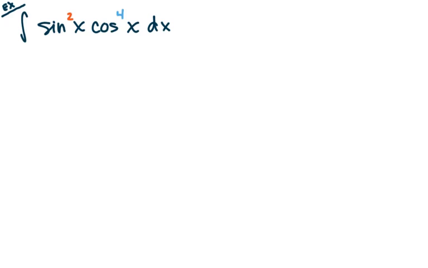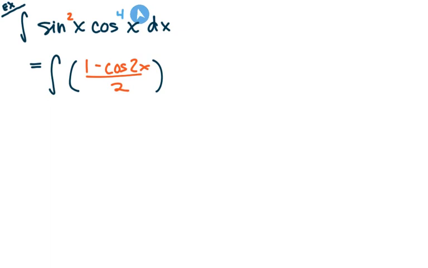Sine squared x is 1 minus the cosine of 2x over 2. And cosine to the 4th is cosine squared x, squared, so this can be written as 1 plus the cosine of 2x over 2, that quantity squared.